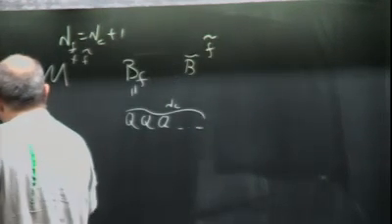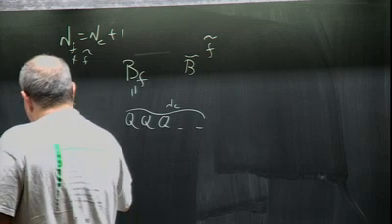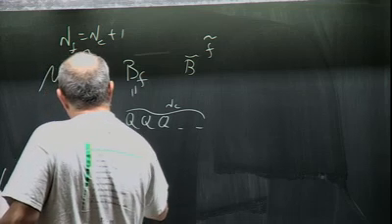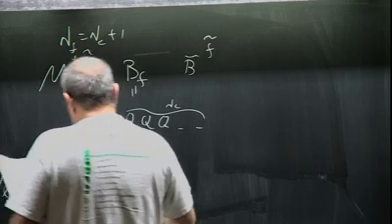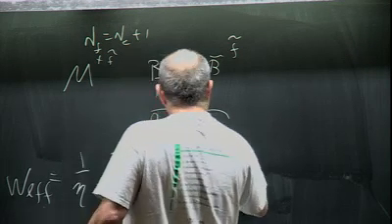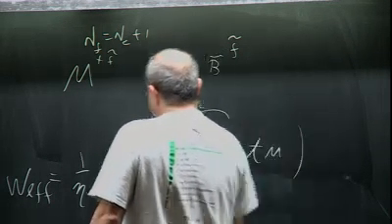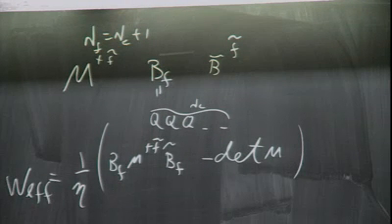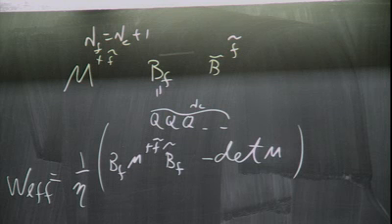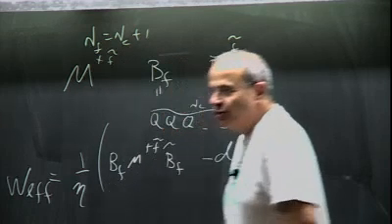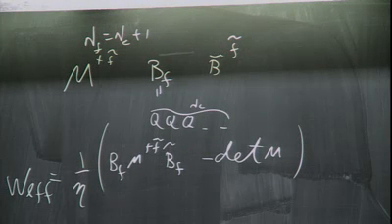And the claim is that in this case, we get a superpotential 1 over eta (B_F M^F_F~ B~^F~ minus det M). There's a misprint here. Minus that determinant of M. The claim is that this is the answer. And you can run through all the analysis that we had before and check that everything works. First of all, we have to enlarge field space by a lot.